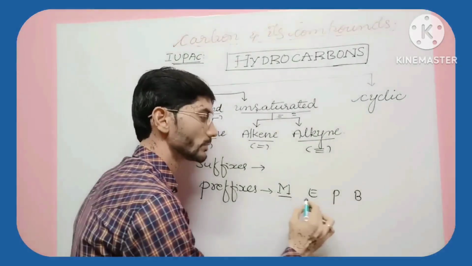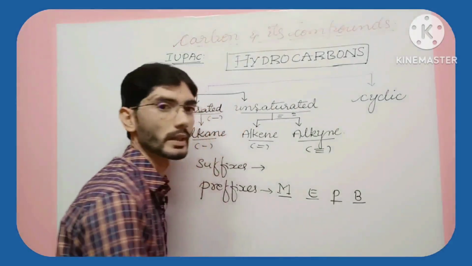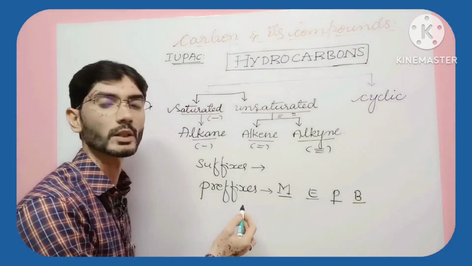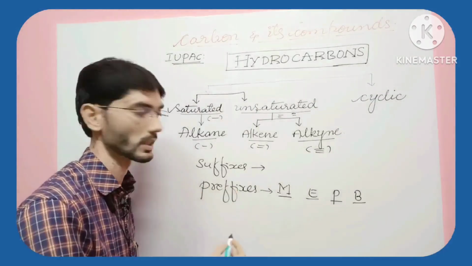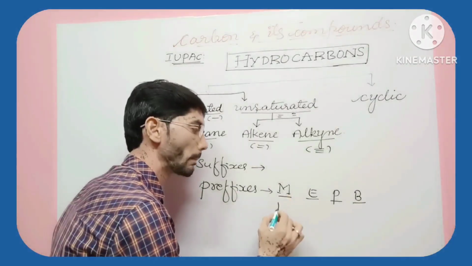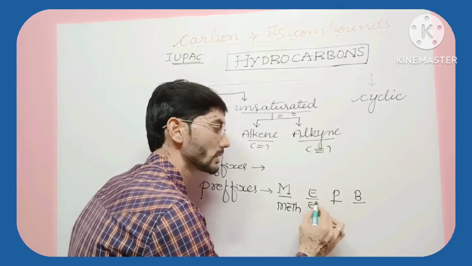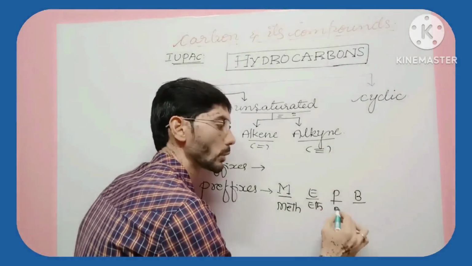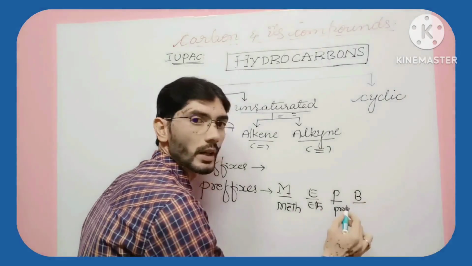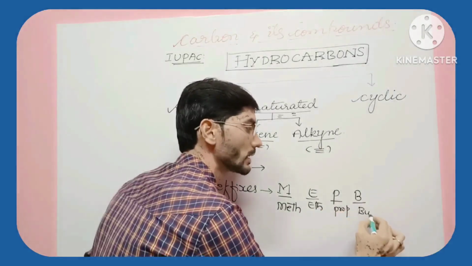From these letters, you are going to get a few prefixes which we are going to use in the structural formulae. Now M for meth. M for meth. E for eth. P for prop. B for but.